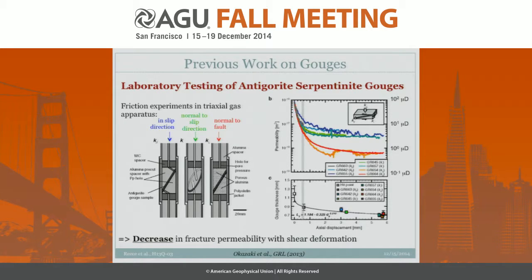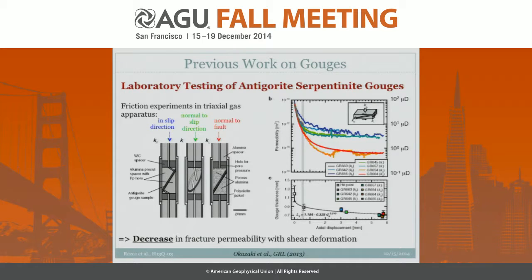So they measured permeability in the slip direction, and then normal to the slip direction, but still along that fault plane, and then normal to the fault, which means basically across the fault. And on the right, you can see the permeability as well as the gouge thickness plotted versus the axial displacement, which can be converted into shear displacement.